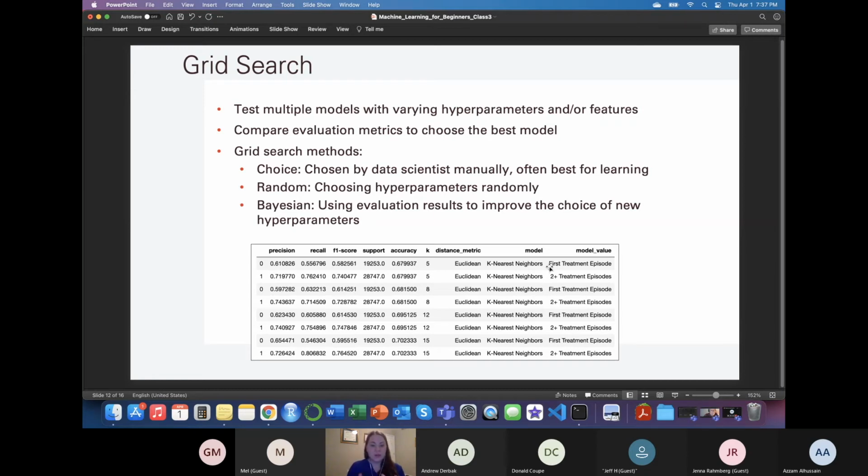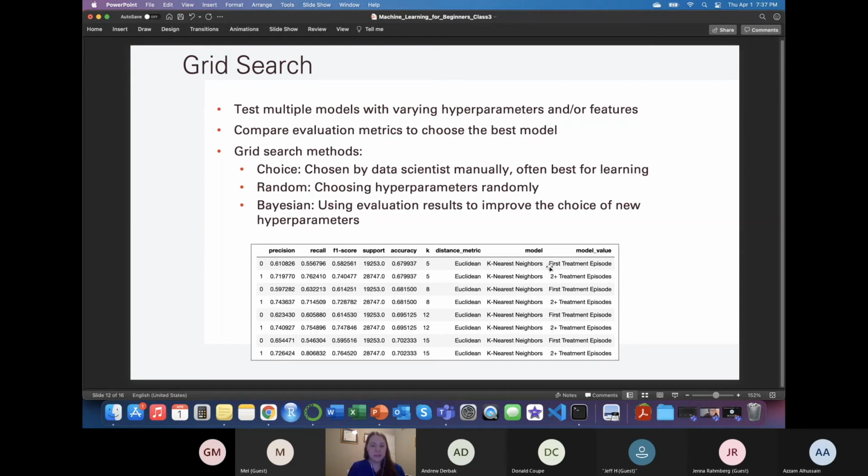There's also another way to do it, which is to randomly choose a value, so you would say between 1 and 10, randomly choose 5 K values to put into your model. That way your input might not bias the results.